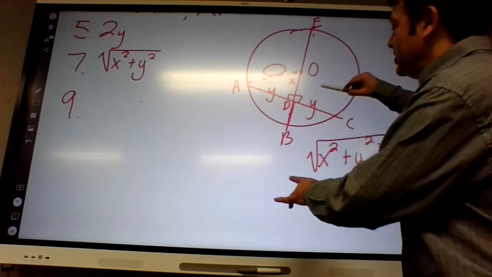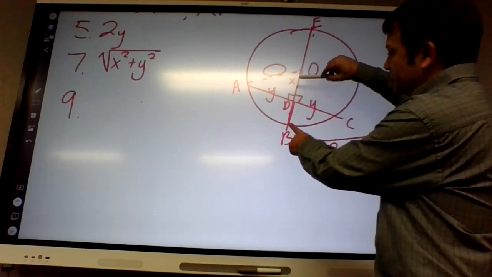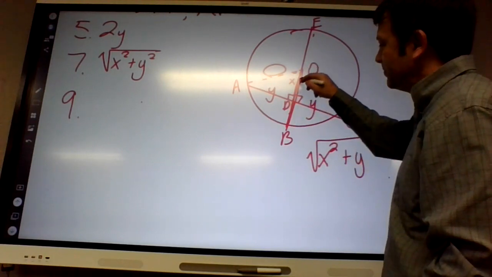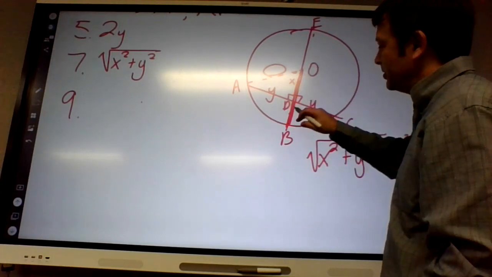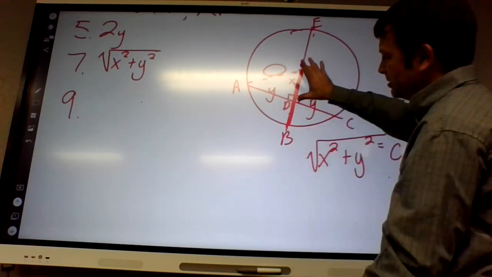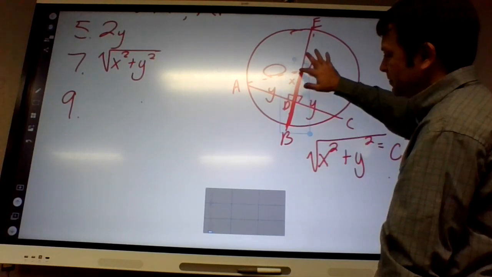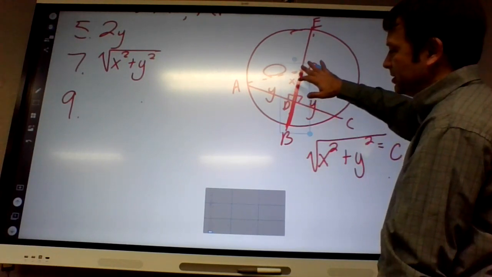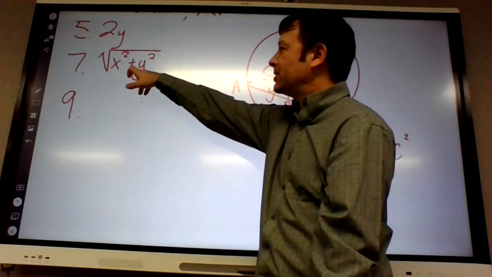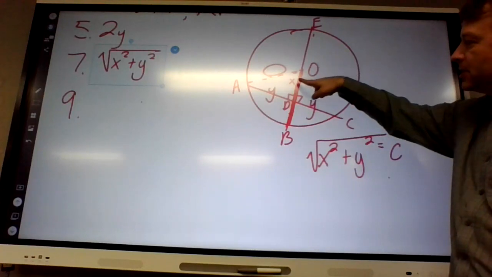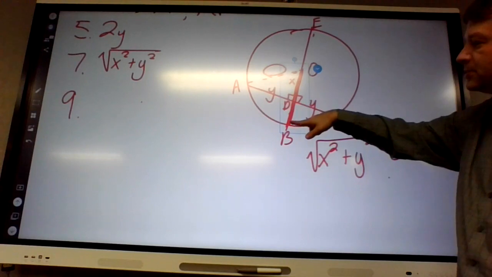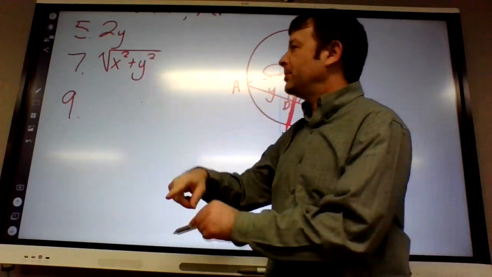Well, BD is a portion of this radius right here, right? We just found the radius. How much longer is the radius than BD? X from here to here. So the radius, which we just found, minus X would give us how long this thing is. So it's that minus X.